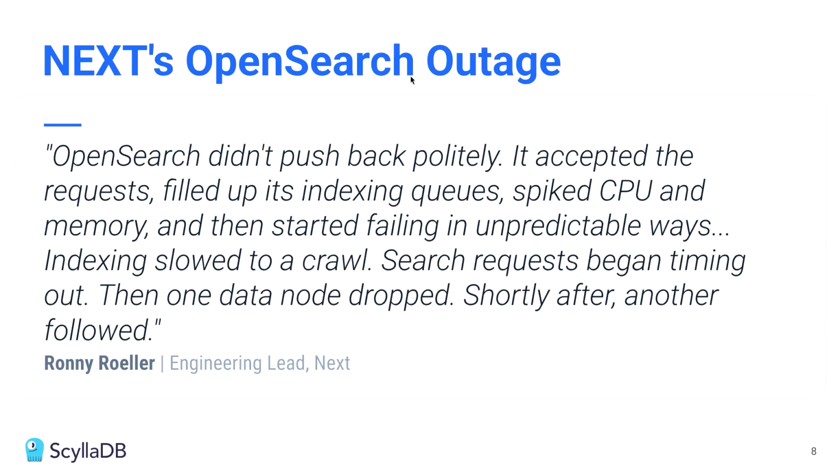But then one of their engineers sent a CSV file with thousands of requests, and the search requests began timing out. One data node dropped, and then another, and the system completely failed. Okay, so this is just one random example of a system that was built for one kind of interaction, and then when it was loaded, it failed in a bad way.